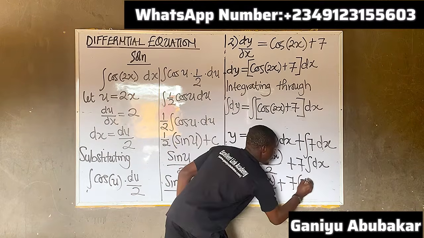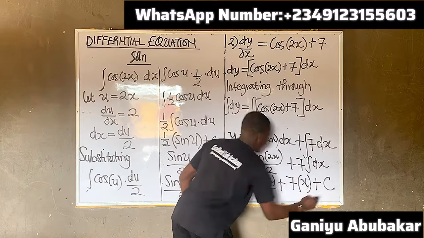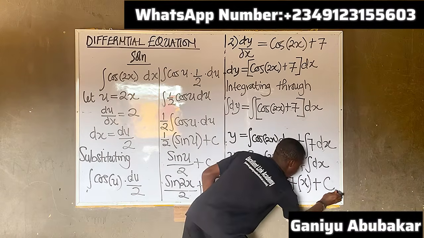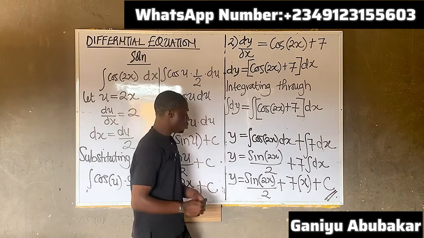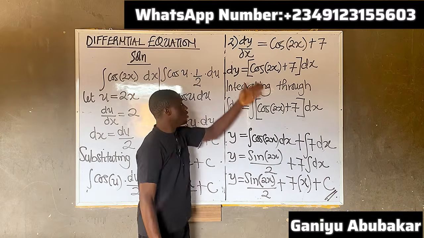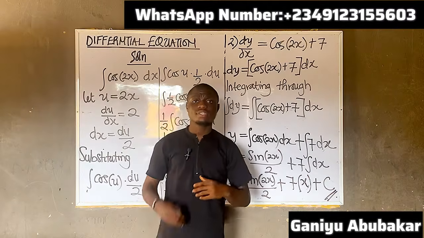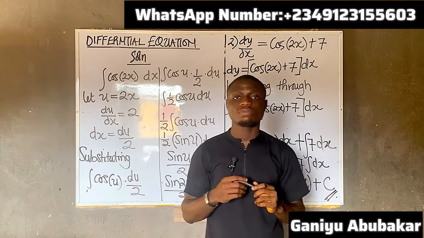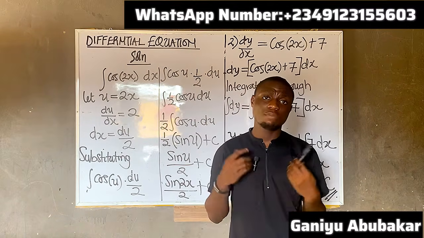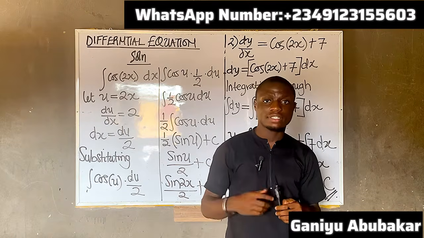That gives you x plus c. This is our final answer. So this is the required solution for this differential equation. This is how you solve this particular question. Let's do example 3 in our next class.